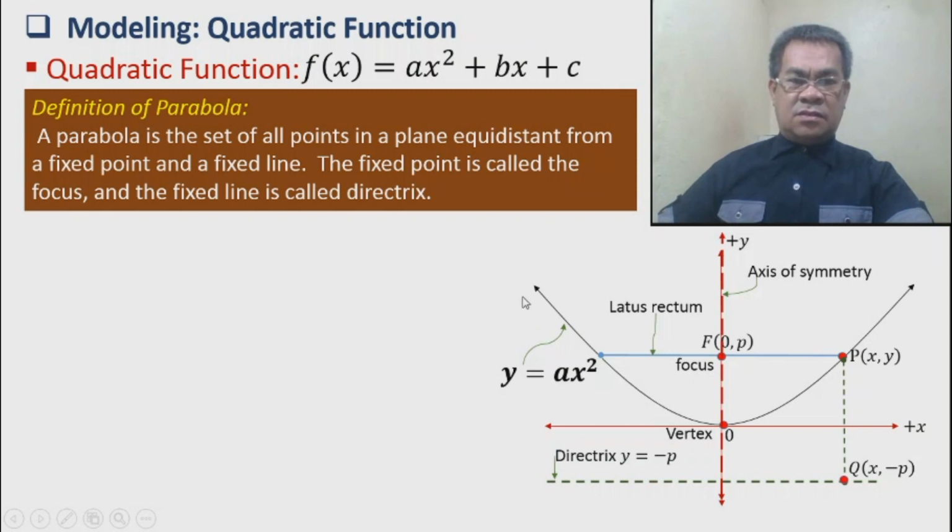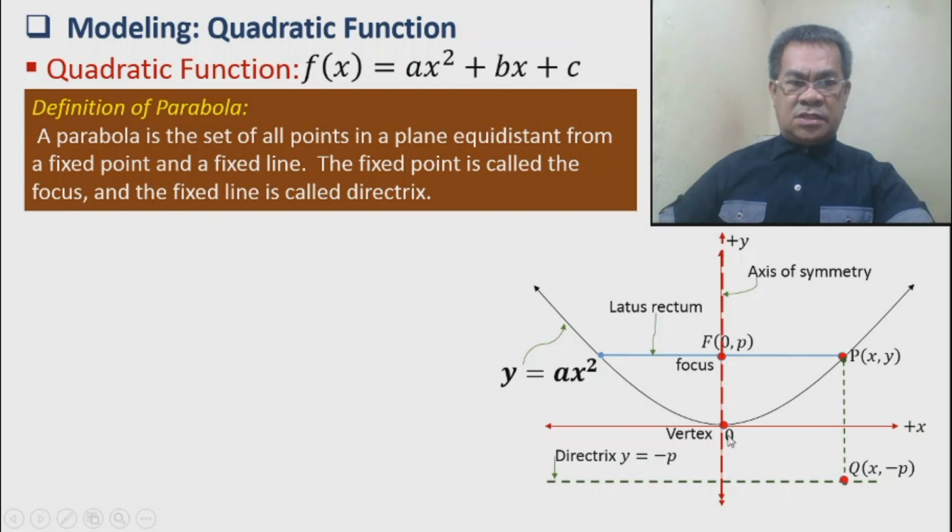Now the equation of this parabola is y = ax². Remember, a is the coefficient of the second degree variable, and y is the function of x. In this case, the constant is 0 and b is also equal to 0, so these terms will be eliminated.